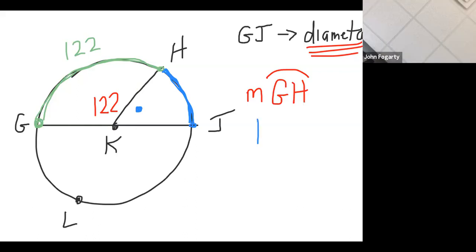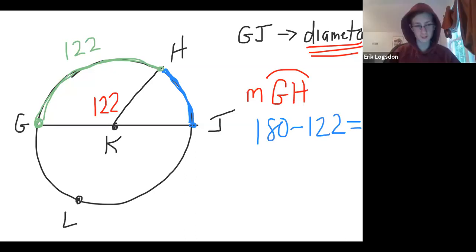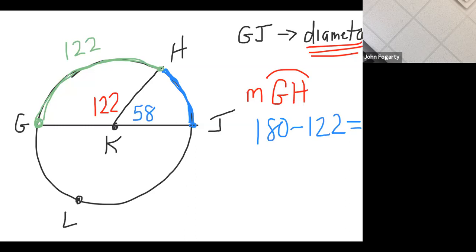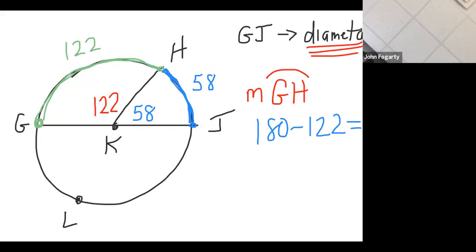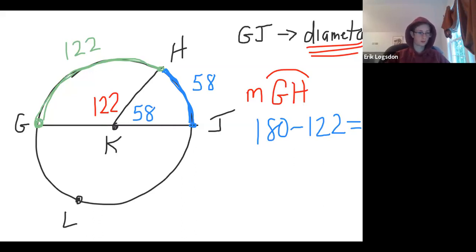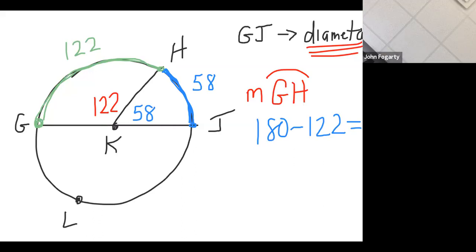So 180 minus 122 equals what? 58 degrees. Good. Now, what's arc HJ? 58. How come it's 58? Because it's got to be the same as the central angle that cuts it. Very good. Everybody following?